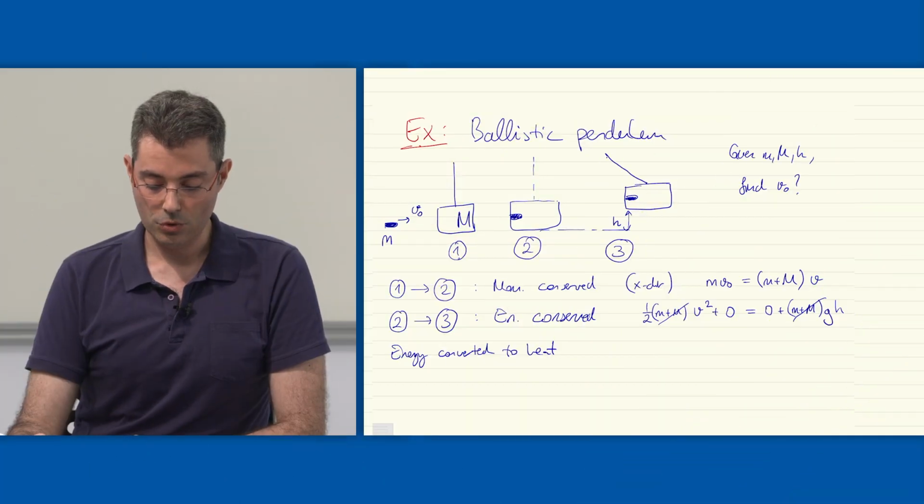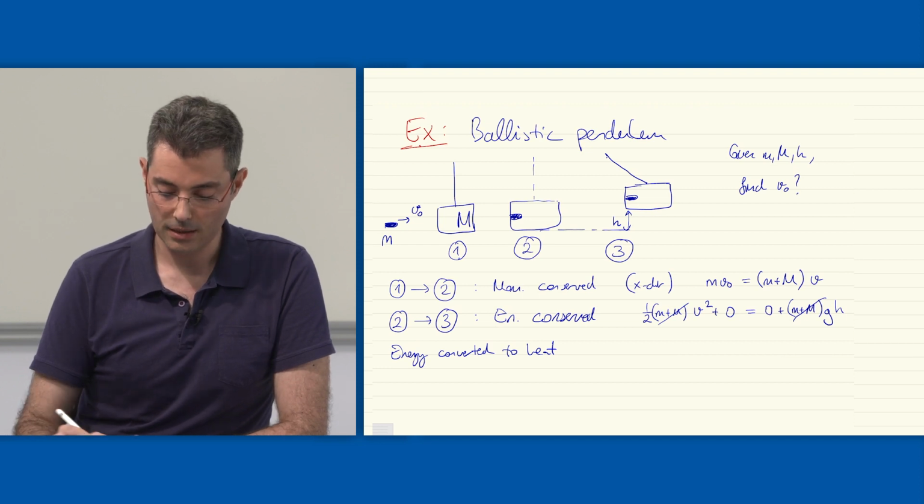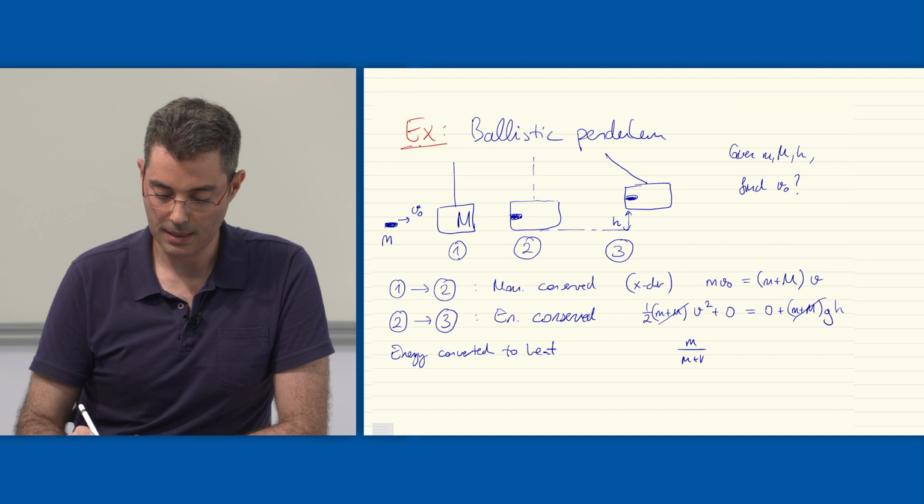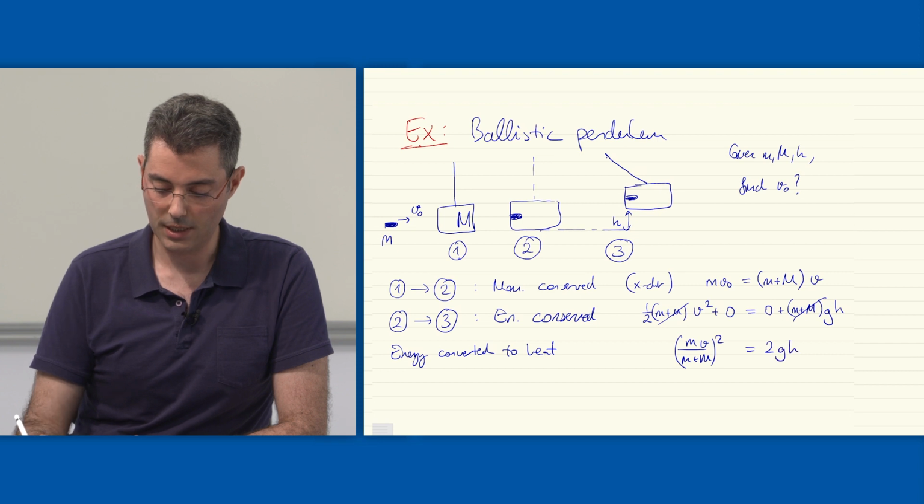So let us now use these two equations to solve for v0 in terms of the height. M over m plus m v squared must be equal to 2 times gh. I'm sorry, this is v0 now.